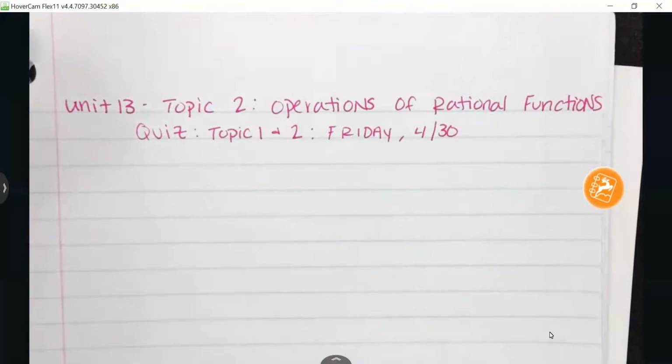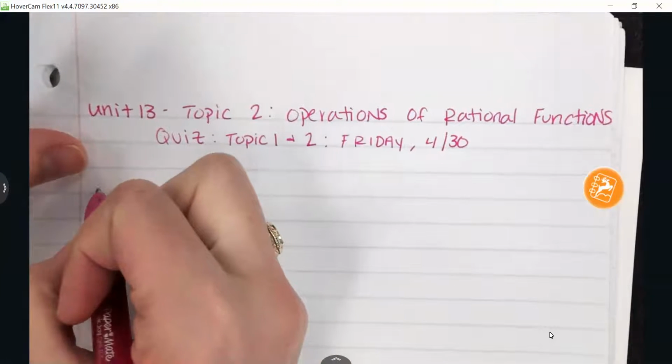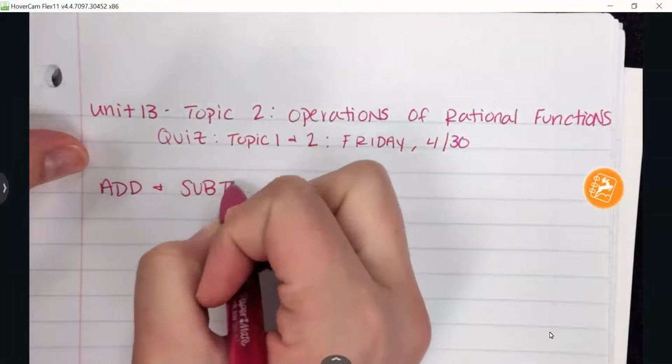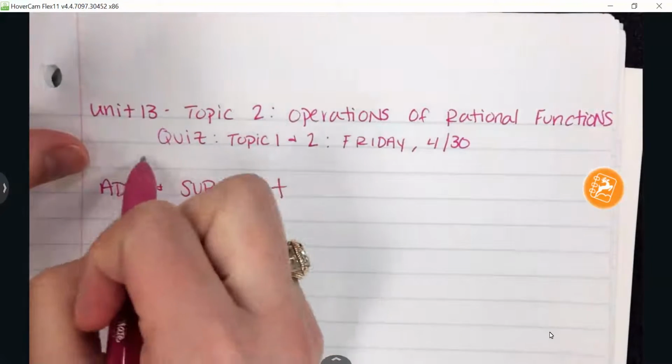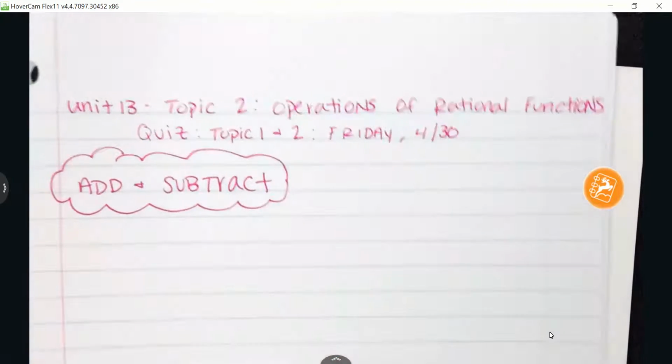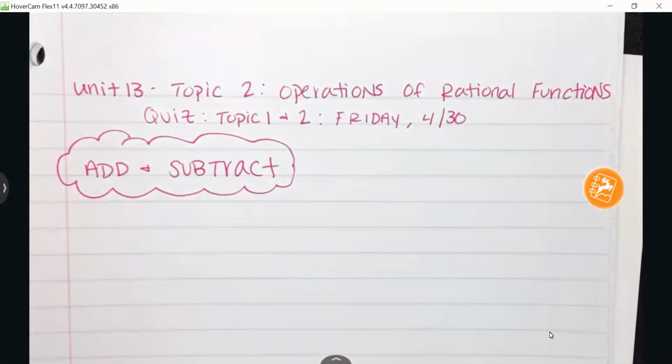So today and tomorrow, we are only going to add and subtract. We're going to break it out and do a little work, a little practice, little work, a little practice.